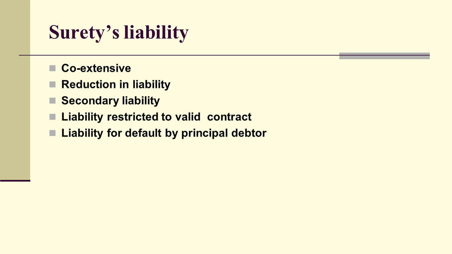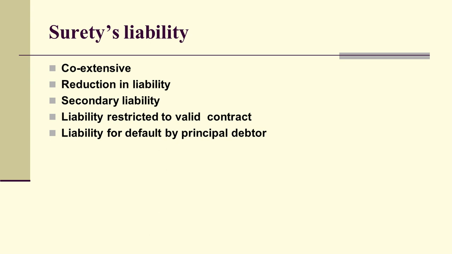And the liability of surety is a secondary liability. The first liability is of the principal debtor. When the principal debtor defaults, then after the default, the surety's liability comes into existence. So therefore it's called secondary liability.